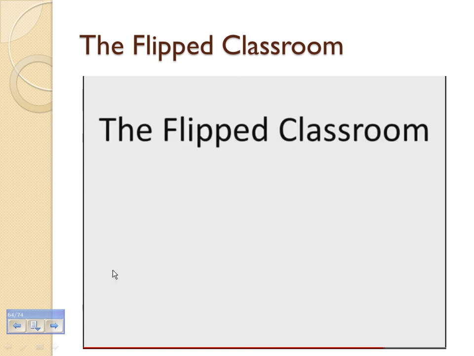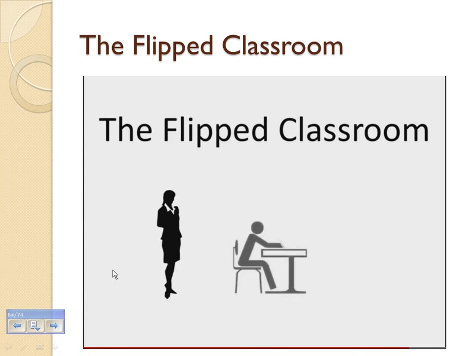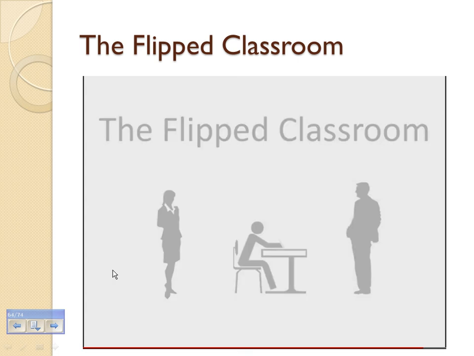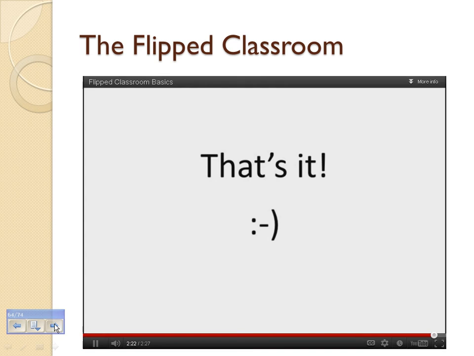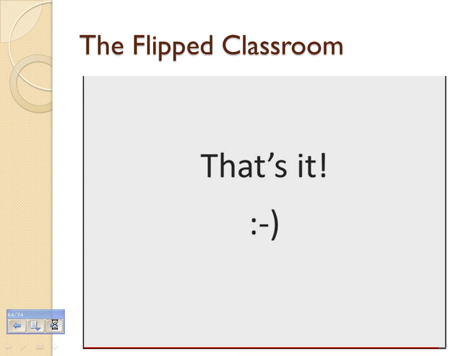In the flipped classroom, students, parents, and teachers are actively engaged in the learning process. The teacher addresses students instead of addressing the classroom. The students learn at their own pace and get individual help, and the parents get to see how the class is taught. That's it. If you have any more questions, please see the links listed on this video webpage.